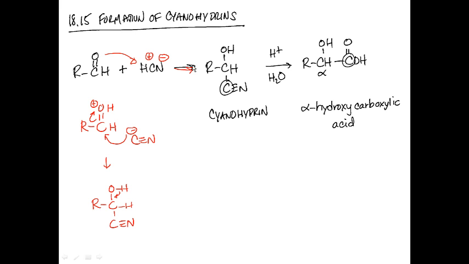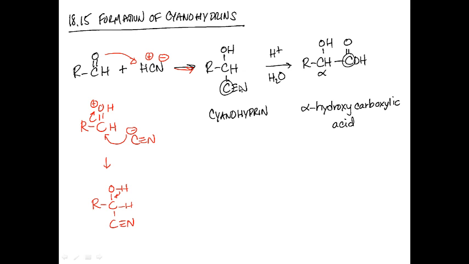And when you do this reaction, you end up forming what's called a cyanohydrin. Now, cyanohydrins are kind of useful. They can be enzymatically converted back to HCN, which is a little bit of a poison.